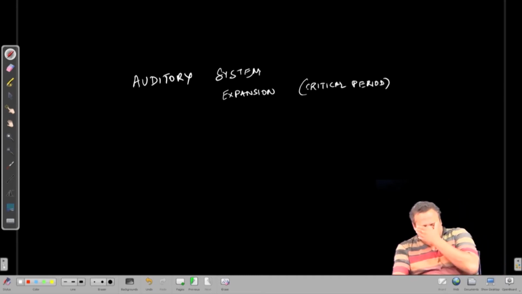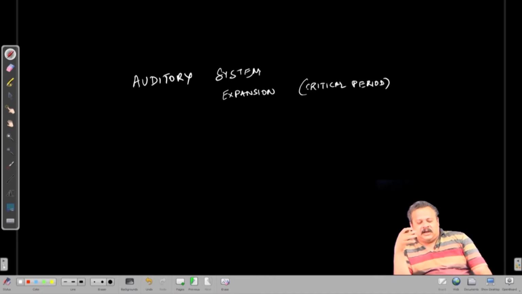That is a window of opportunity to modify the developing cortex permanently.